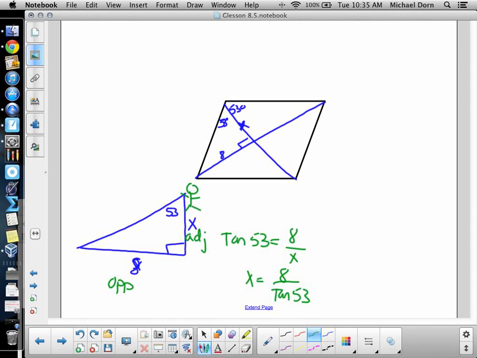So definitely that would probably be more of an extension style problem on a test or quiz. Pop that out. Thank you. But that's not outside the realm of the types of questions we're going to see. We're going to have to use special triangles or Pythagorean theorem or trig.